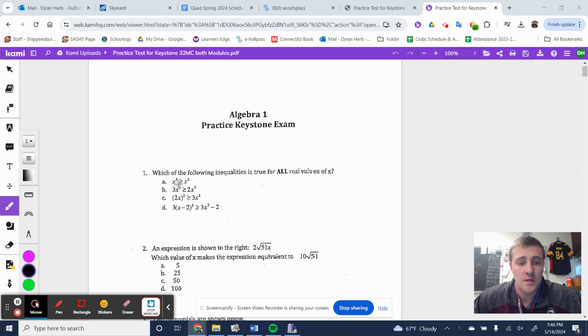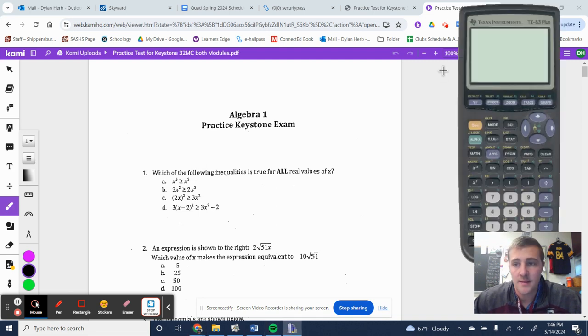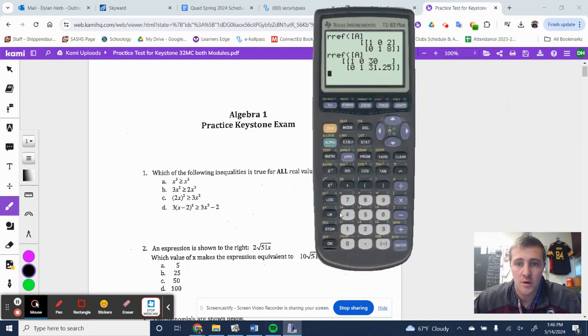So the first one says x to the third power is greater than or equal to x to the second power. If you use a low number for that, like a fraction, let's say 0.5, then 0.5 to the third power is going to be 0.125. If I plug 0.5 into the right side, I get 0.25, so this might not work.